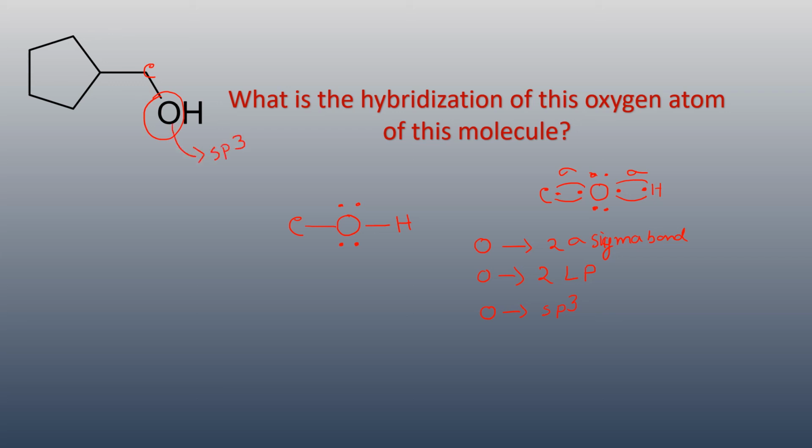And if you look at the structure, for hybridization of all the carbon atoms present in this molecule, each has 4 sigma bonds. So all carbon atoms are sp3 hybridized. So all the carbon atoms in this molecule are sp3 hybridized.